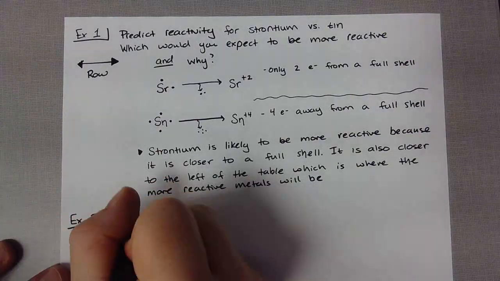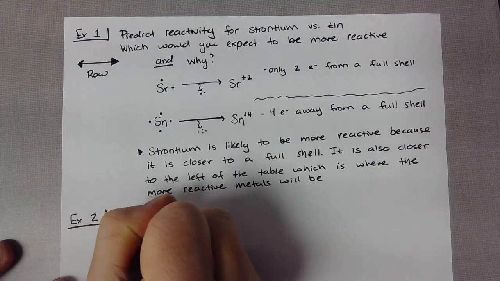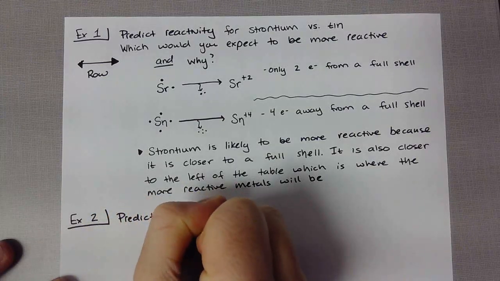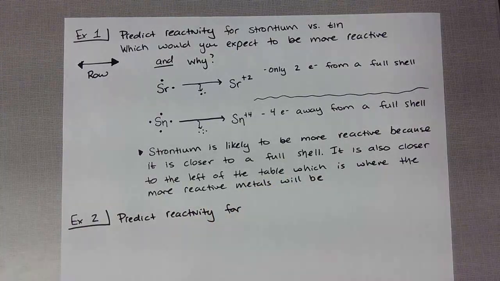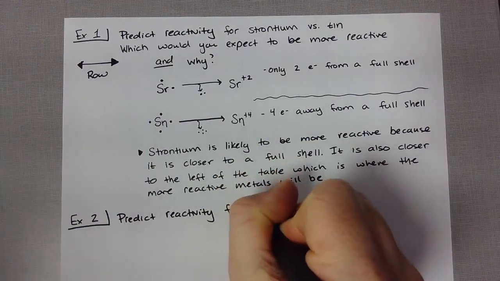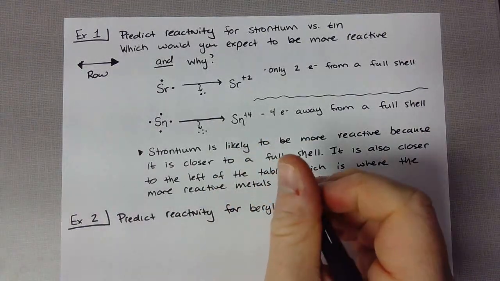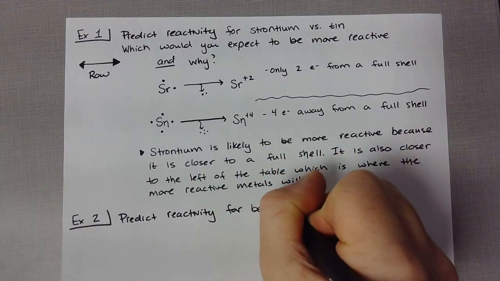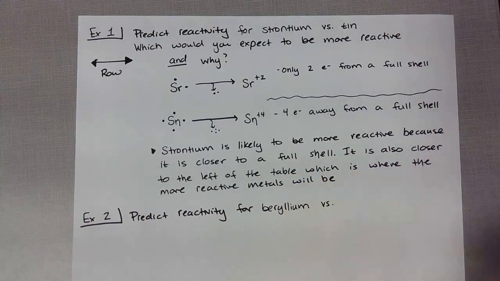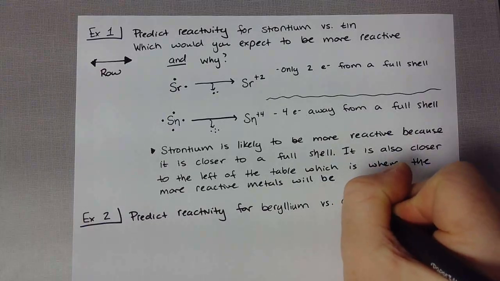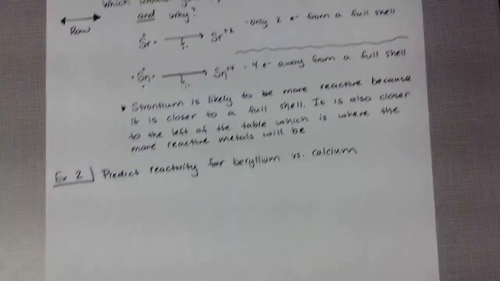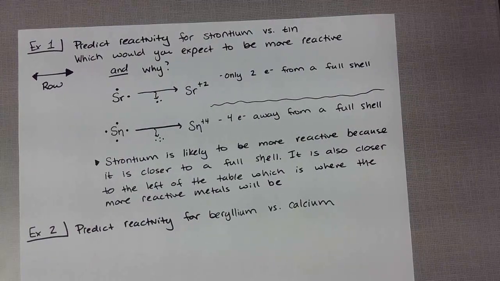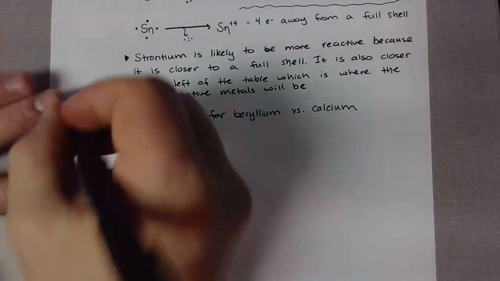So we're going to predict reactivity for beryllium, should spell that right, versus calcium. And we're going to ask ourselves the same question. Which would we expect to be more reactive and why?